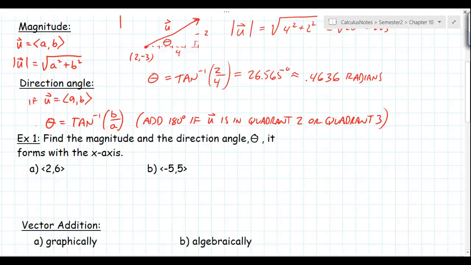Okay, the magnitude of vector 2, 6 is going to be the square root of 4 plus 36, so the square root of 40, or 2 root 10.